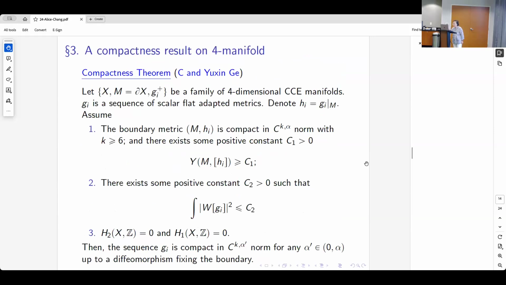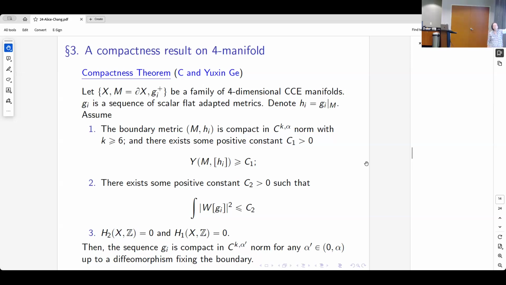Okay, so the first result we have, stated completely in terms of conformal invariants, is this result. Suppose we have a boundary class of metrics h, which is compact, with Yamabe constant bounded away from 0, and the mean curvature L2 norm uniformly bounded.